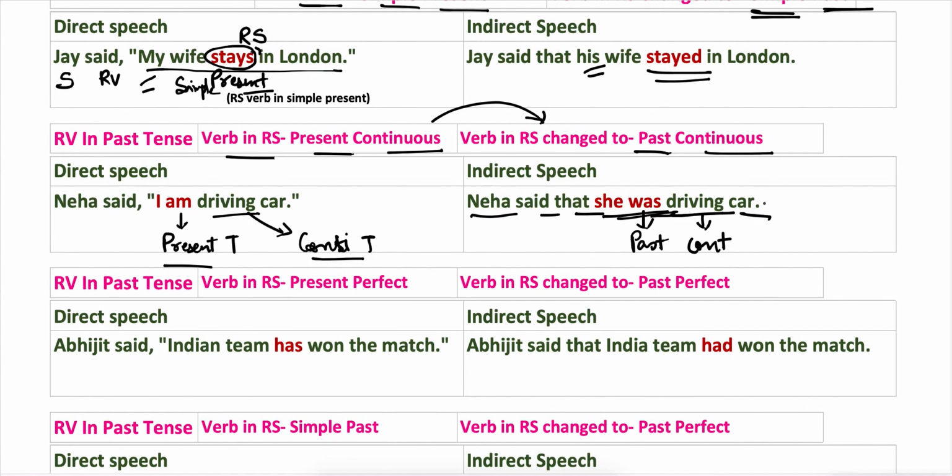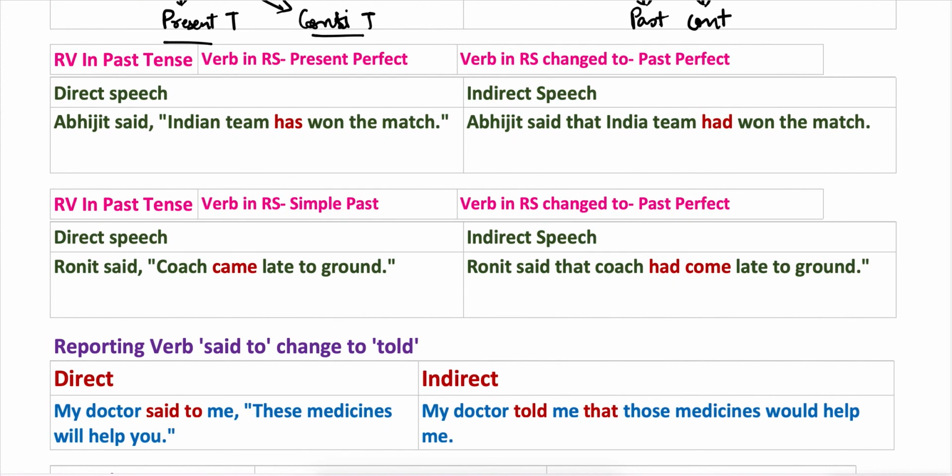The third case, when the verb of the reported speech is present perfect. The present perfect will change to past perfect. Abhijit said, Indian team has won the match. Has is in the present perfect tense. So present perfect will change to past perfect.